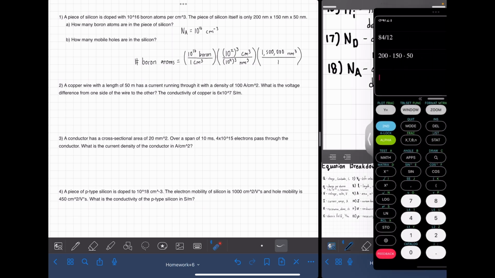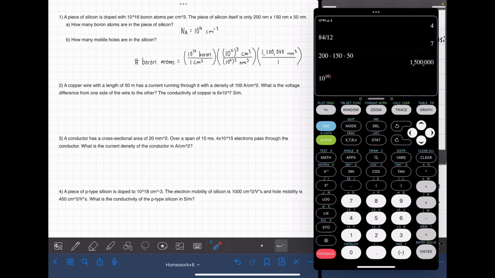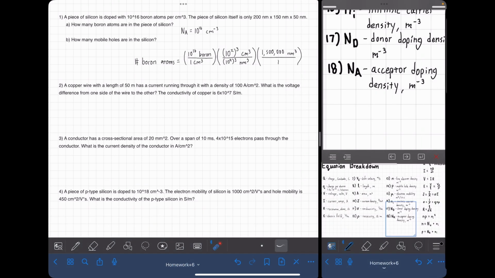So if we do this real quick, we get 15 boron atoms, which is not a lot at all, but this is a microscopic piece of silicon, so it kind of makes sense.